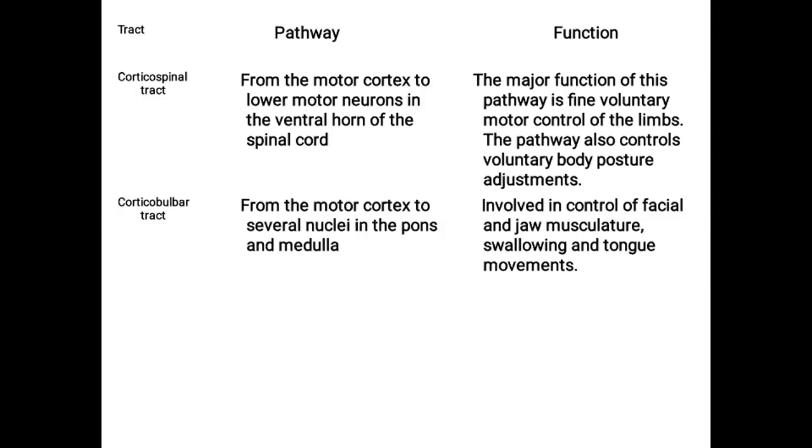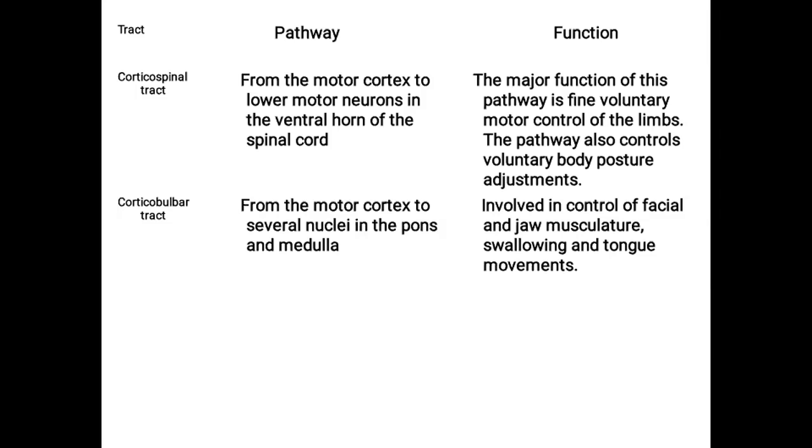Apart from that, the pyramidal tract also forms part of the pathway for superficial reflexes. You know what is a superficial reflex? Reflexes are classified into deep reflexes and superficial reflexes. The superficial reflexes are the cremasteric reflex, abdominal reflex and plantar reflex.